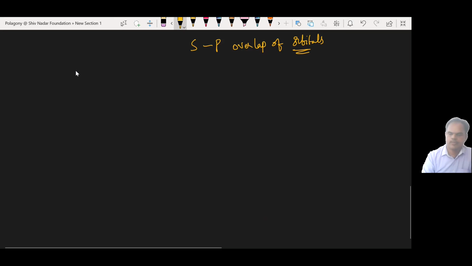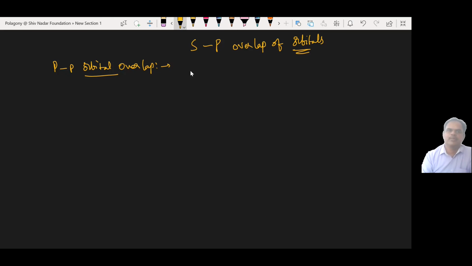Now, the third type of orbital overlap is p orbital overlap, pp orbital overlap. Mostly this type of orbital overlap is possible among Cl2, O2 and N2 molecules.